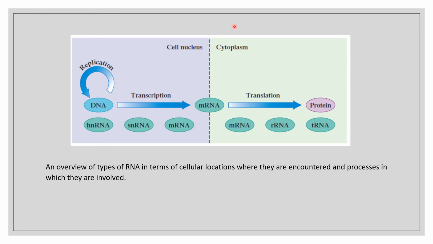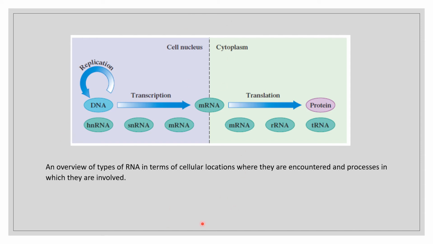The process of DNA transcription occurs in the nucleus, as does the processing of the hnRNA to mRNA. DNA replication also occurs in the nucleus. Then the mRNA formed in the nucleus travels to the cytoplasm. That's why mRNAs can be found both in the cell nucleus and in the cytoplasm.